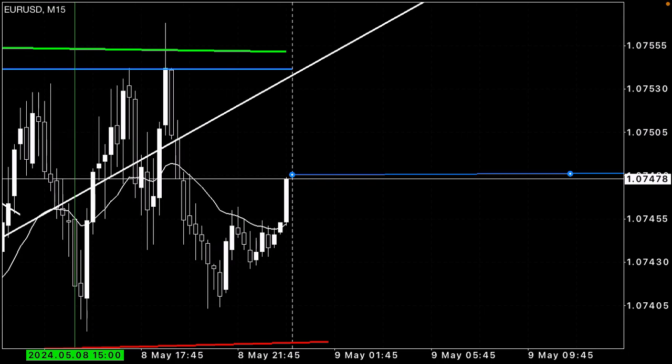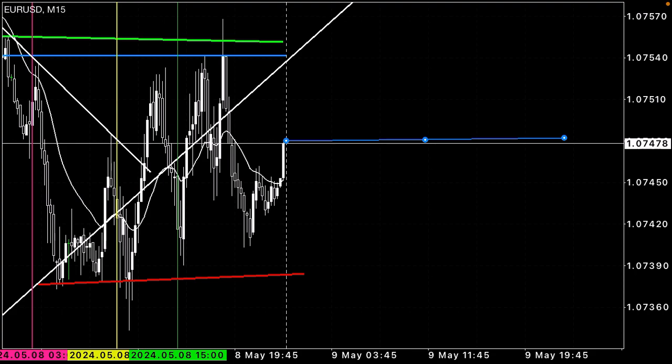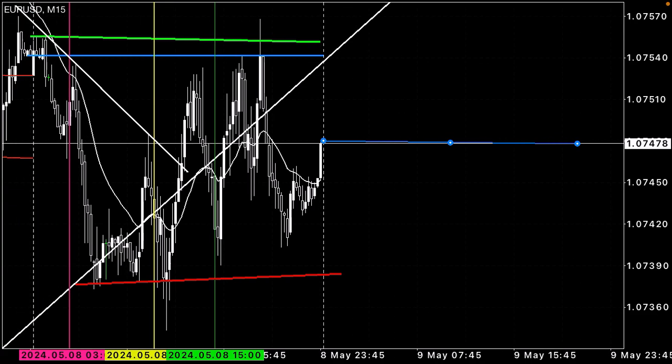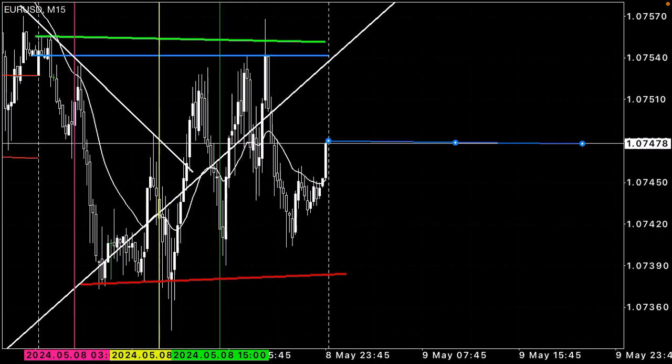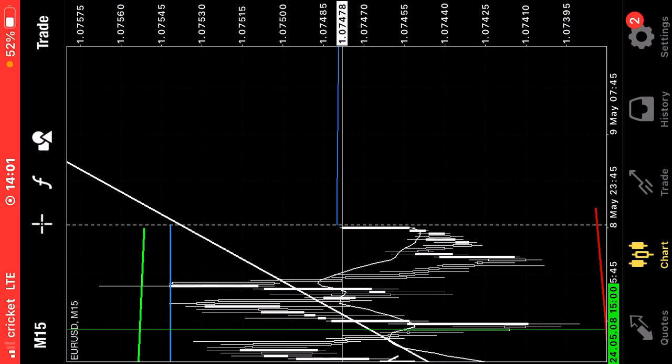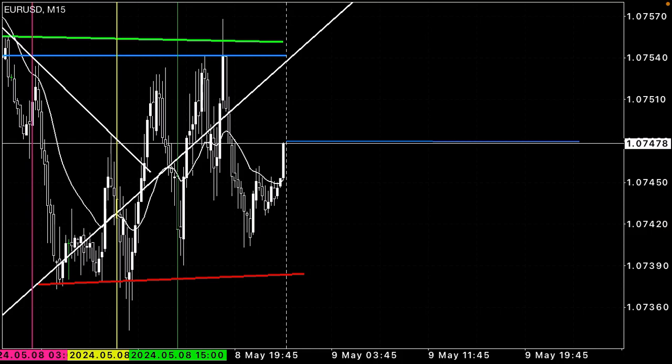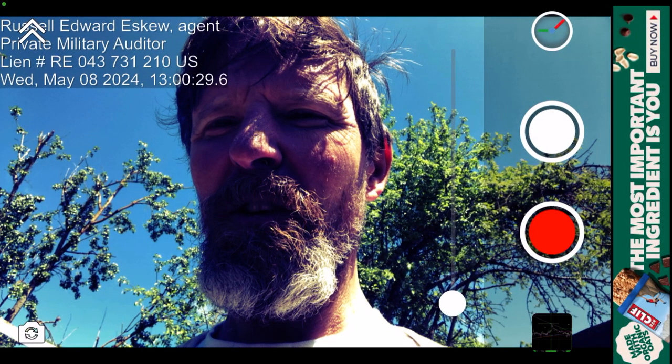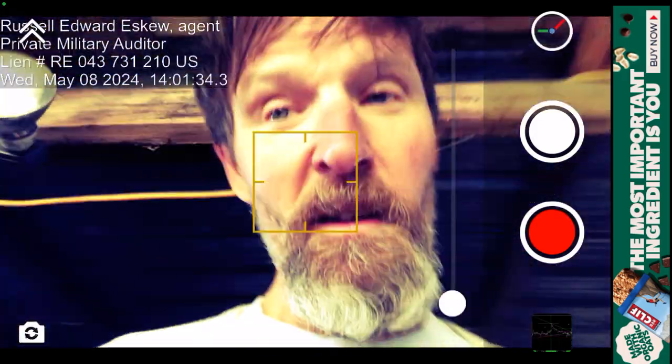Basically 2 o'clock. And it'll put in another session area here shortly. But I'll just put a line there for now. It'll show up here eventually. So anyway, that's that. Go back to the camera.